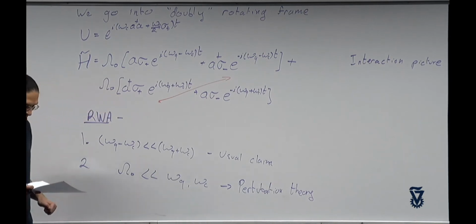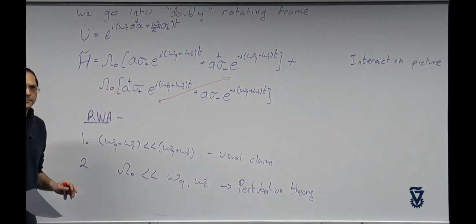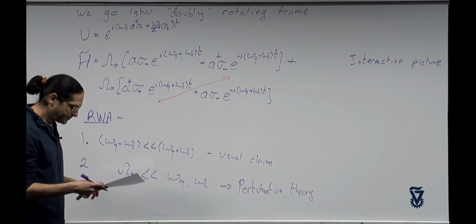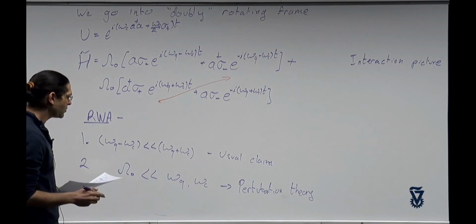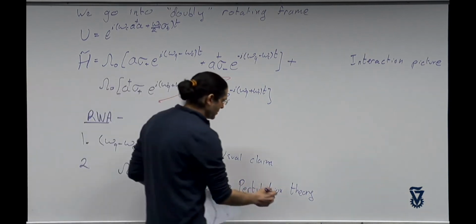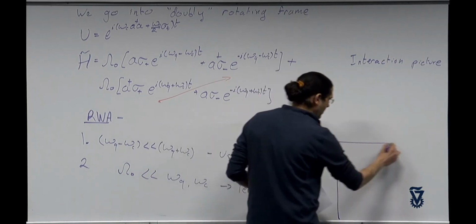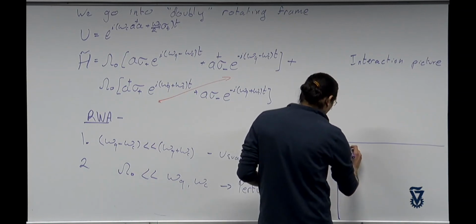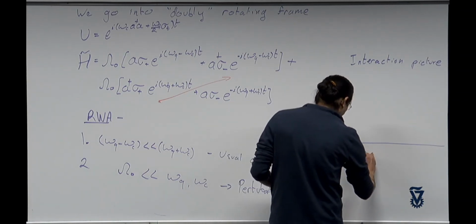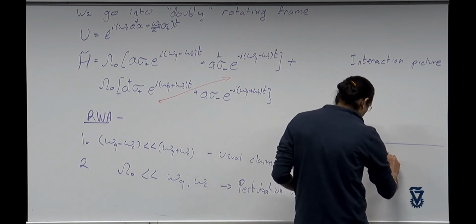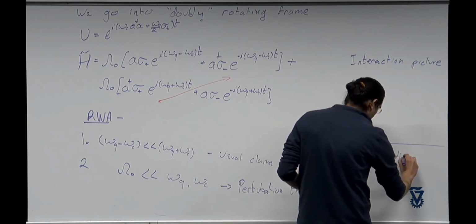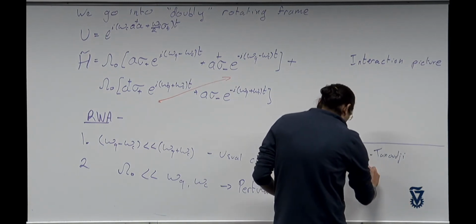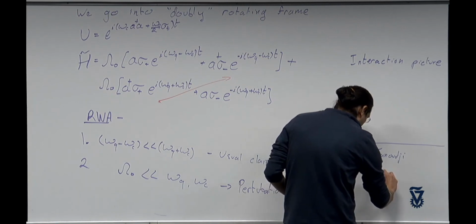Now doing this rigorously is quite a headache. But if you do this, you can look in several sources. I'll give you the sources, and then I'll explain in general what they show. But one good source, very rigorous, but maybe a little hard to read, is Cohen-Tannoudji's book, Atoms and Photons.